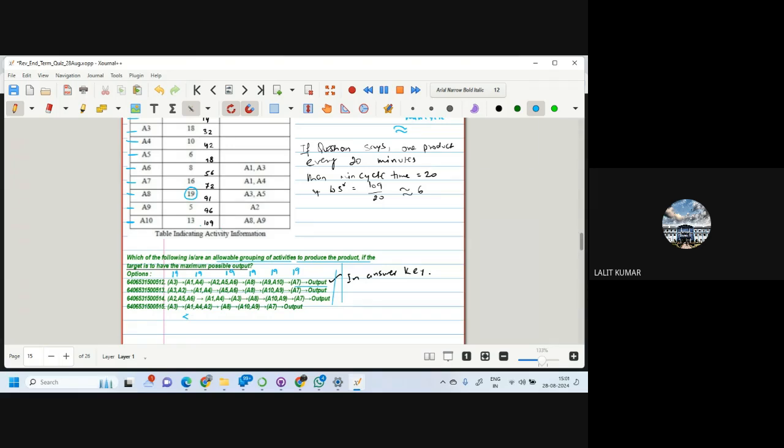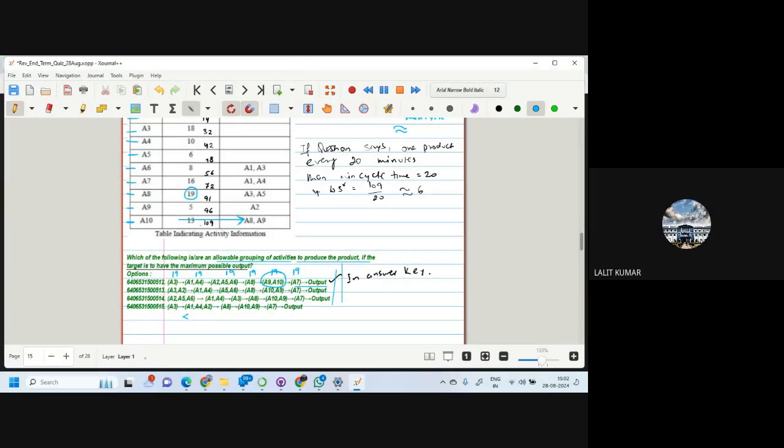I had only one doubt in this question, which I later got clarified, that this is the answer which has all the constraints satisfied. For A10, A9 was the preceding activity. You can see here for A10, A9 is the preceding activity.